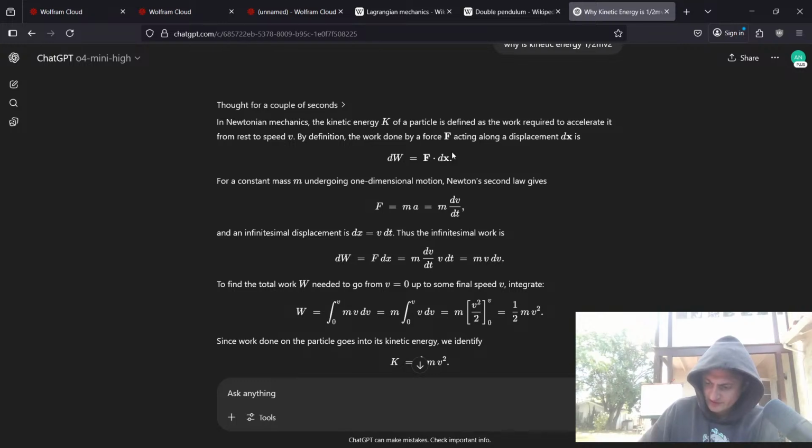We integrate both sides and we get W is equal to 1/2 mv squared.